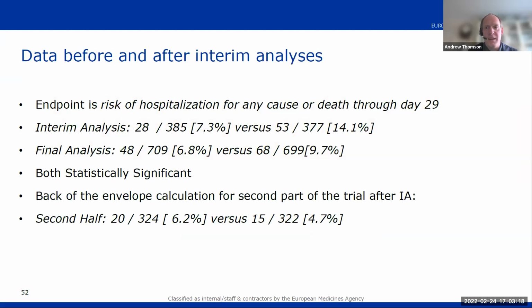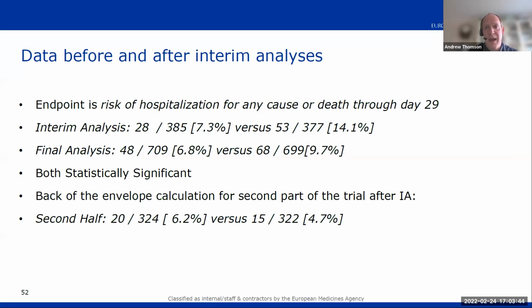We have data before and after an interim analysis for this. And the endpoint is risk of hospitalization or any cause of death through day 29. At the interim analysis, where the data from the trial was announced to the outside world, it was 7.3 versus 14.1, so a very large treatment effect. And in the final analysis, that had changed to 6.8 versus 9.7. And both these analyses are statistically significant.